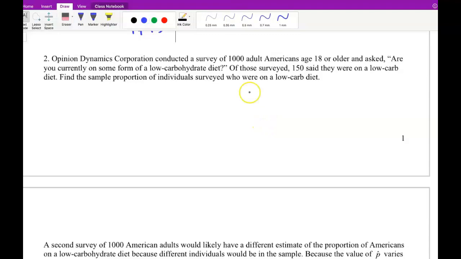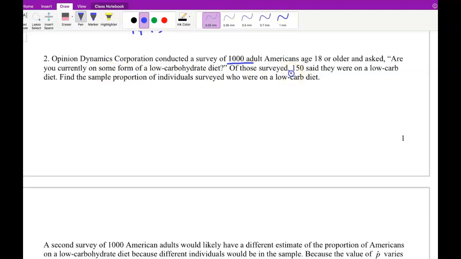Now the next one. We have a survey of 1,000 adult Americans. So here 1,000 is n. They were asked, are you currently on some form of a low carb diet?